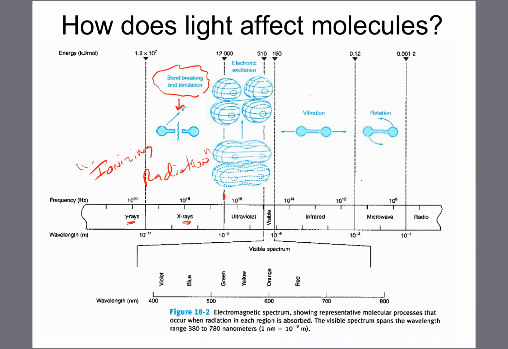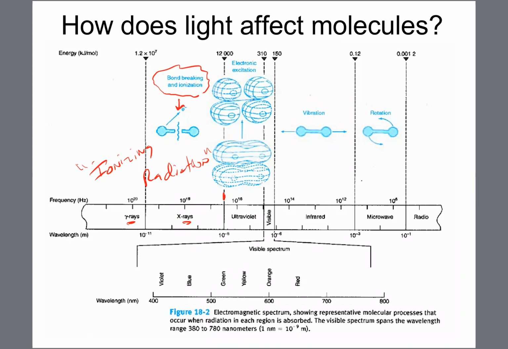Now, if a molecule interacts with a gamma ray or an X-ray and bonds are broken, this destroys the molecule, right? Obviously, you could imagine that it's not so good for your health to be around ionizing radiation. The dentist or the person in the physician's office that gives you the X-ray wears that lead shield to protect themselves from the X-rays.